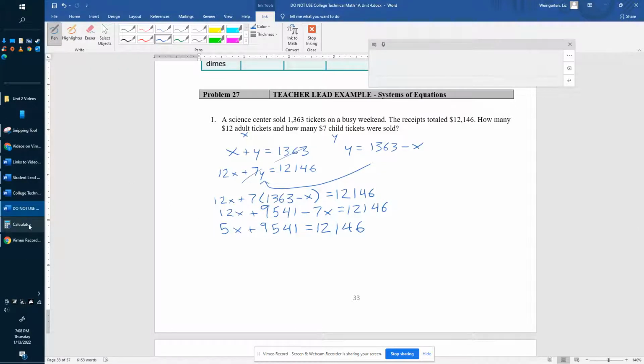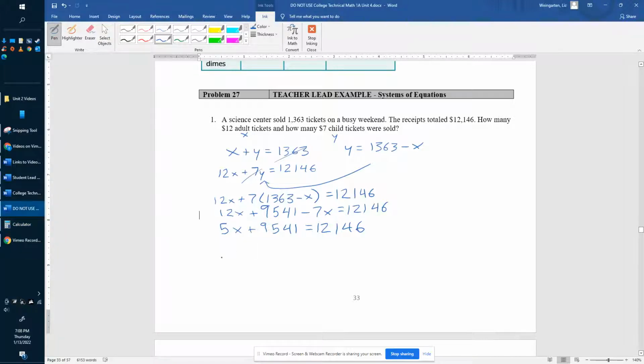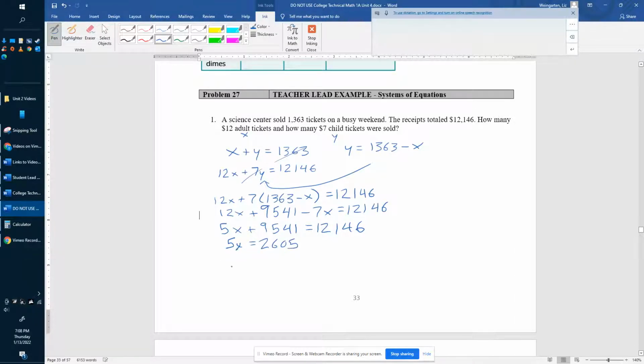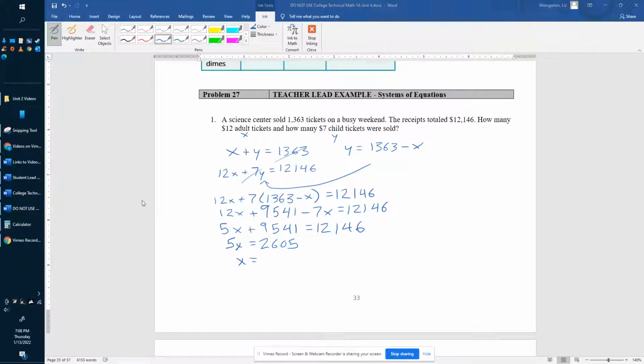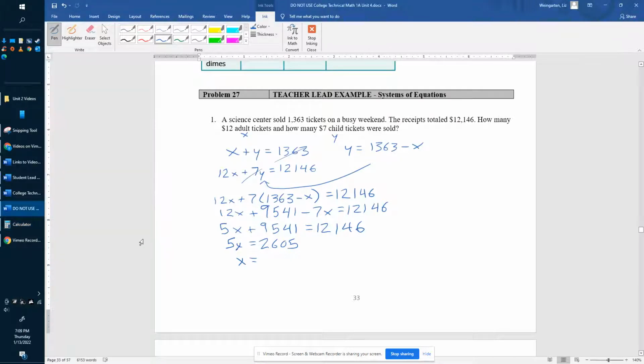Subtract 9,541 from both sides, and we get 5x equals 2,605. Divide both sides by 5, and we get x equals 521.